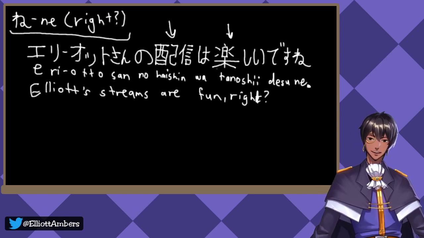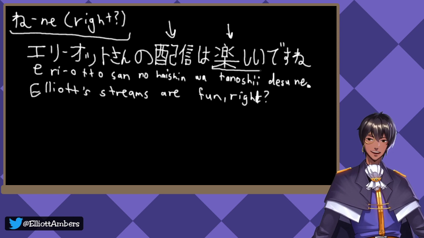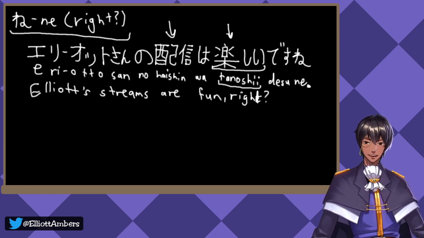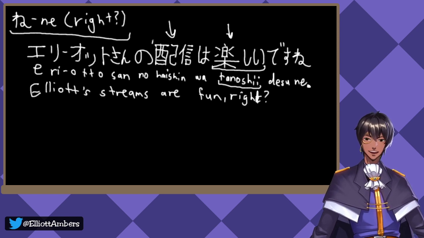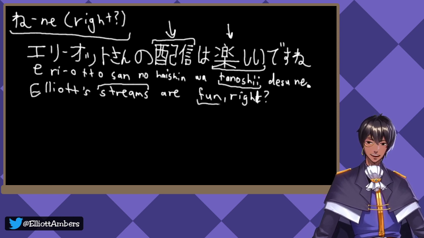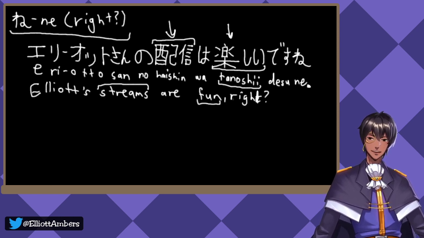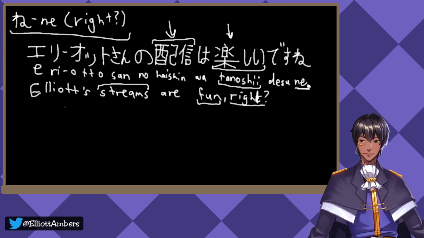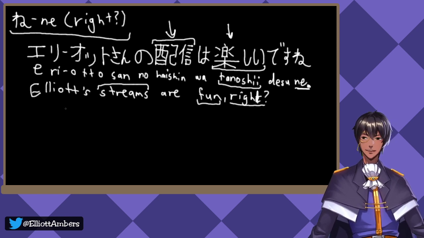This here reads as tanoshi, or fun. So streams, fun, and then the ne, that's the right. That's like you're asking that question that you think they are fun. That's what ne is. Desu ne.